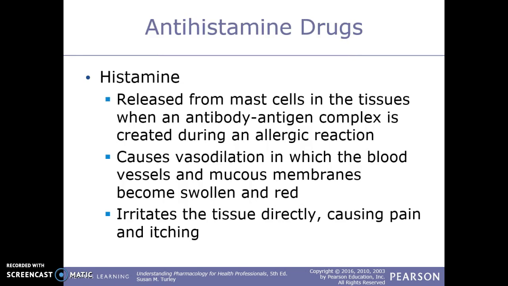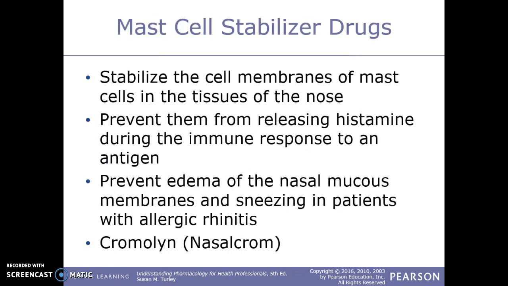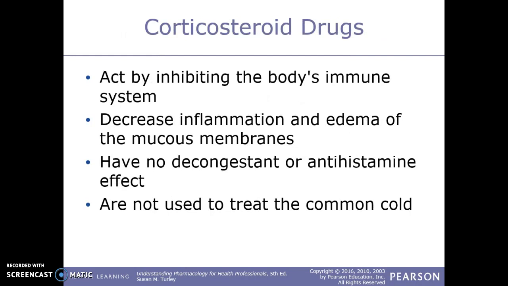Another category that you're going to read about in this chapter is mast cell stabilizer drugs. These are the ones that are used for things like sneezing, allergies, that type of thing. So you'll typically see this category of drugs used for that. Then we have corticosteroid drugs.